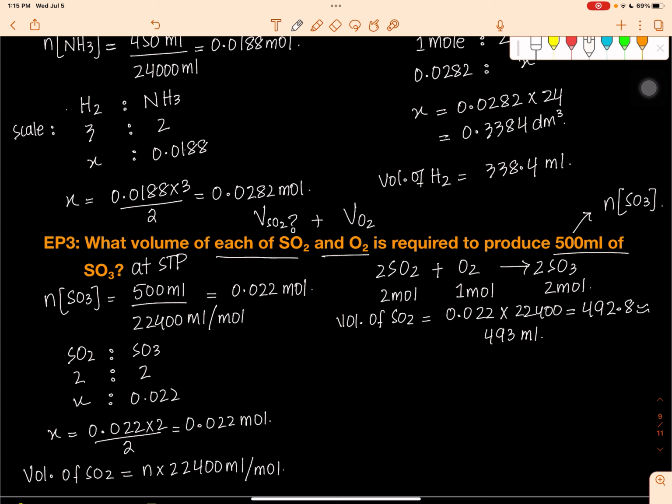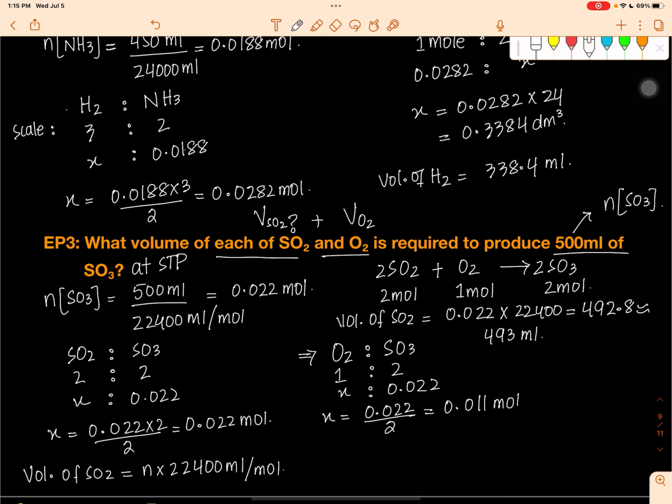Now let's find out for oxygen. Oxygen to sulfur trioxide: 1 mole produces 2 moles, so 0.022 will need X. X is equal to 0.022 divided by 2, half the number of moles, and that will be 0.011 moles of oxygen required.